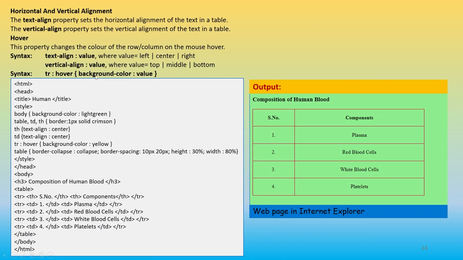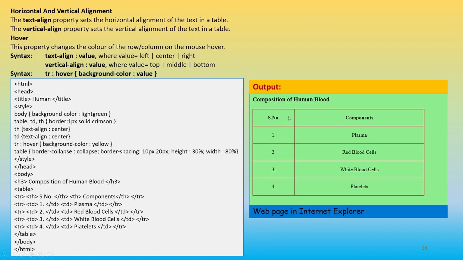Now let's come to horizontal and vertical alignment. You know what is meant by alignment? In our typing in MS Word, we have 4 types of alignments: left, right, center and justified. Here also we have the same.